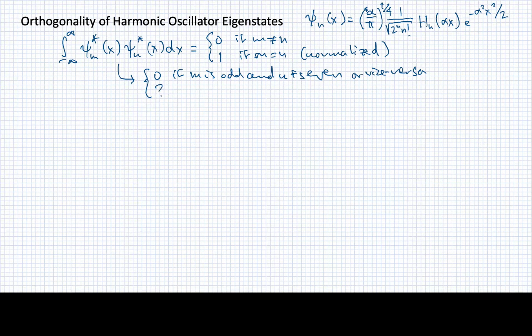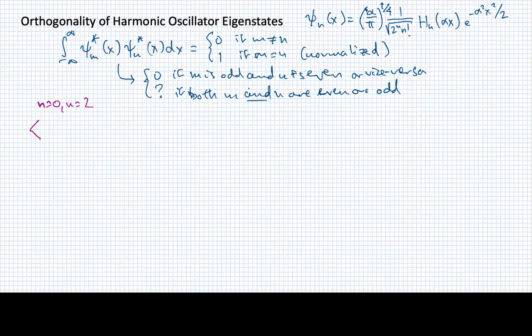But what we don't know, for example, is would it also hold true if both m and n are either even or odd? Well, let's just try this out. I mean, we have nothing to lose. Let's put in this for n equals 0 and n equals 2 and see if we get the right result.